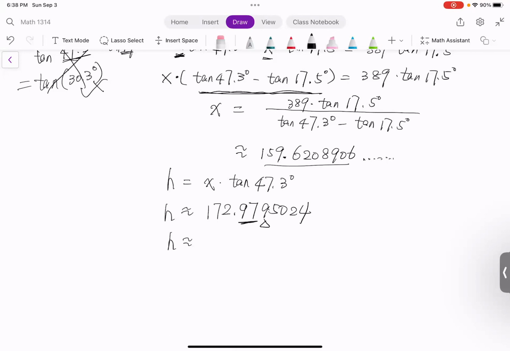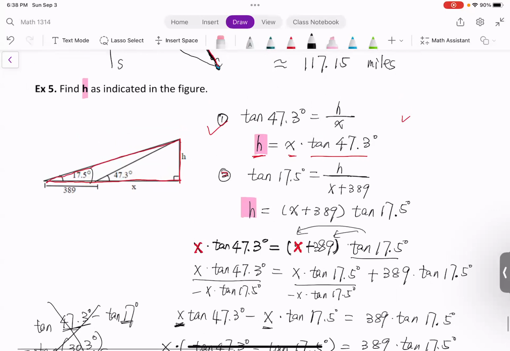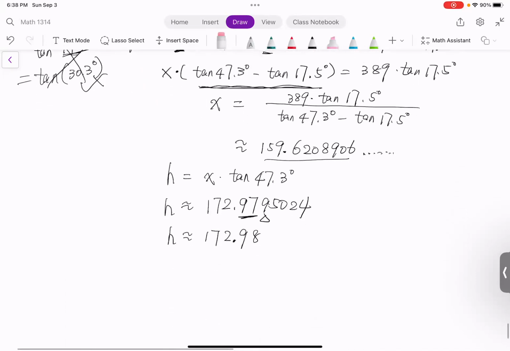So h is about 172.98. So what is the unit? If the question didn't mention the unit, it's because 389 doesn't have a unit. So my h or x doesn't need a unit. So this is the solution.